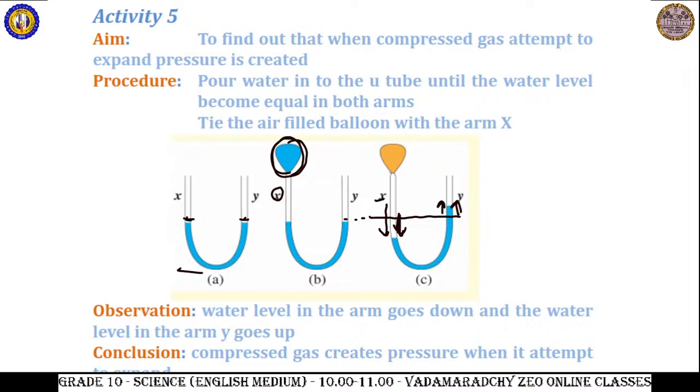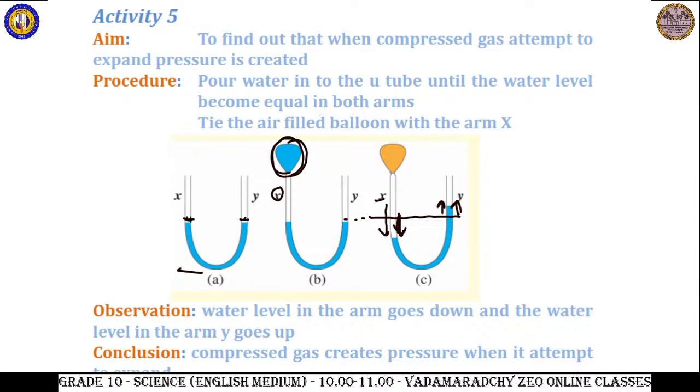Then we carried out an activity to find out whether pressure is created when a compressed gas attempts to expand. We took a U tube and poured water into it until the water levels in both arms became equal. Thereafter, we tied an air-filled balloon to one arm and observed.